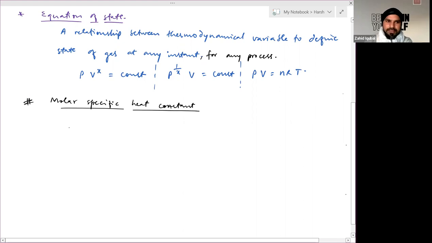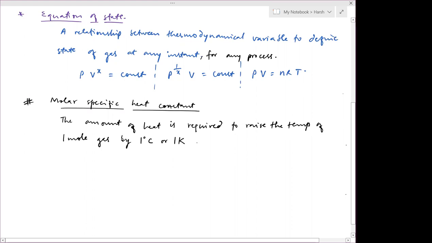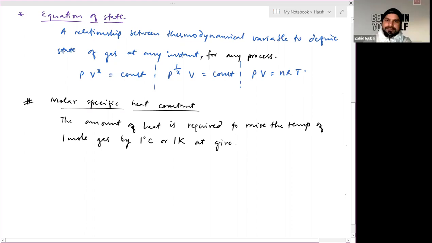It is the amount of heat required to raise the temperature of 1 mole of gas by 1 degree Celsius or 1 Kelvin at a given condition. It may have different values for different processes of gas.